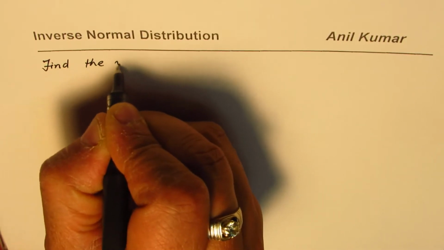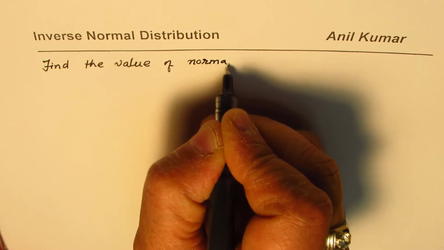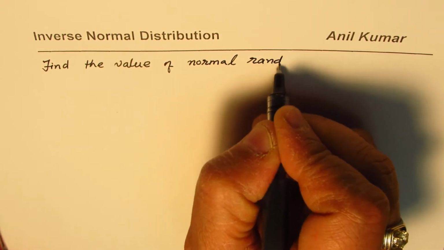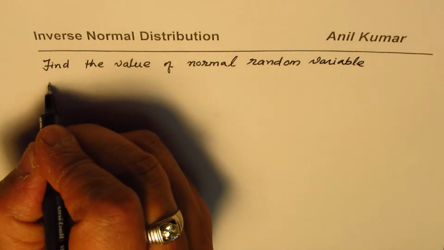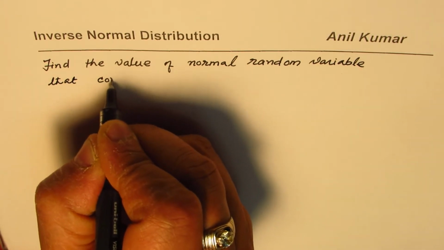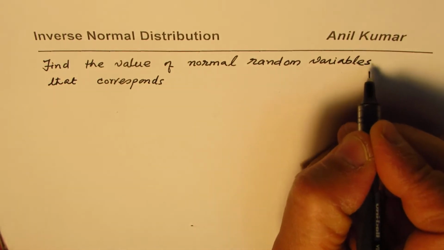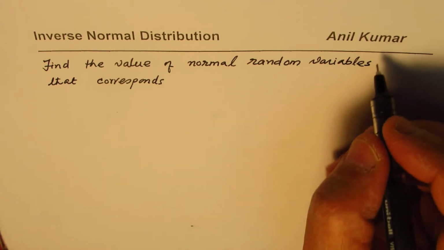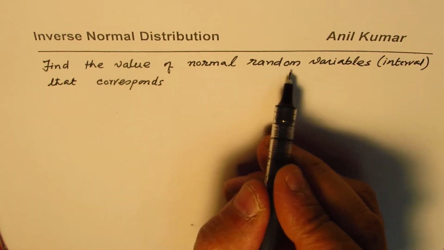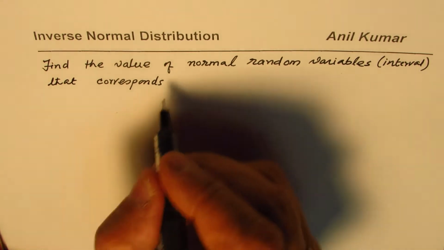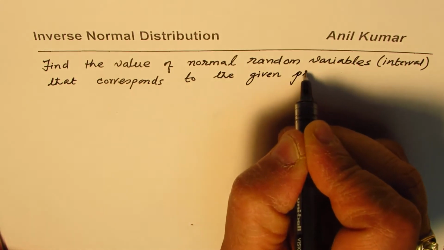Find the value of normal random variables that corresponds to the given probability.